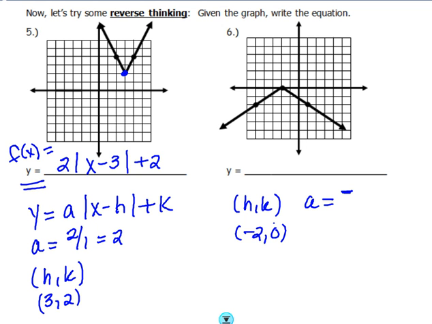And it's 2 over 3. So my equation is y equals negative 2/3 absolute value of x minus negative 2, which makes it plus 2, plus 0. I don't have to write the plus 0, so there's my best answer.